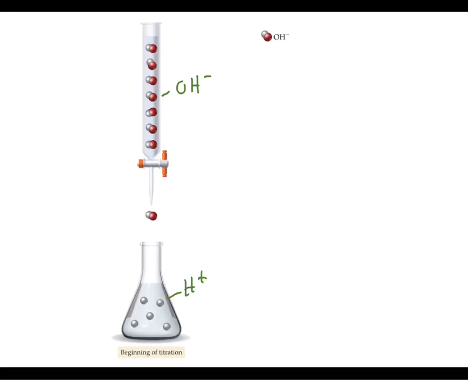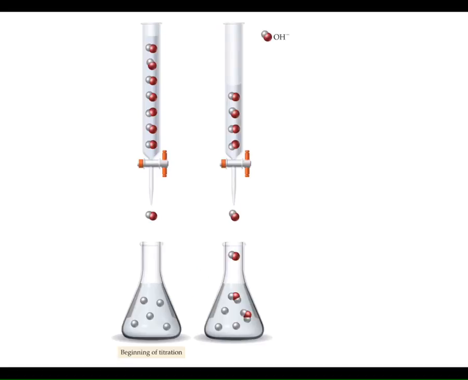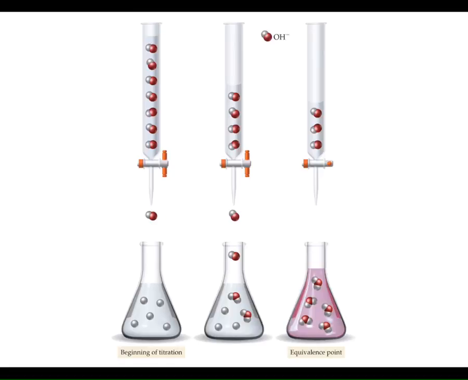So let's say each little molecule is a mole of H+. If I have 5 moles of H+, it'll turn color when I've added what? 5 moles of hydroxide, because at that point all the acid has been neutralized by the hydroxide to make water. So I add a couple in, make a couple of waters, and then when I add 5 in, boom, it turns color.